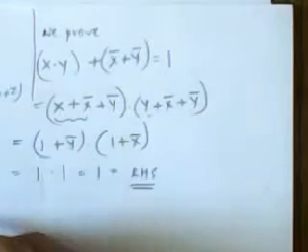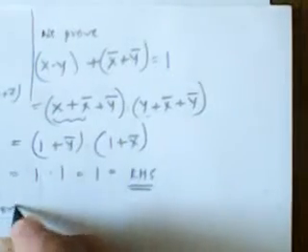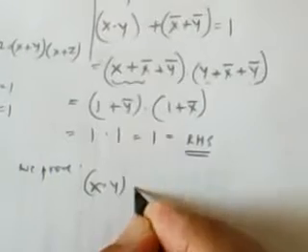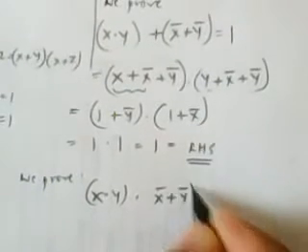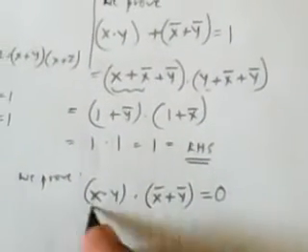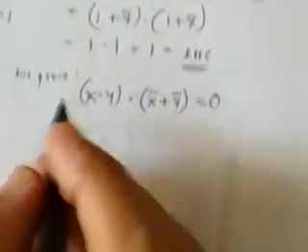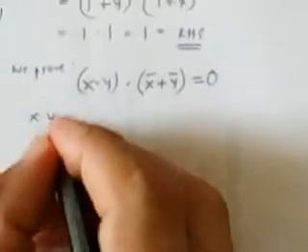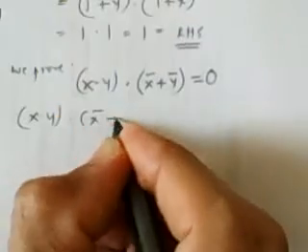Now we will prove the second part, that is, x dot y dot (x bar plus y bar) is equal to 0. Take the LHS. This is the LHS: x dot y dot (x bar plus y bar).